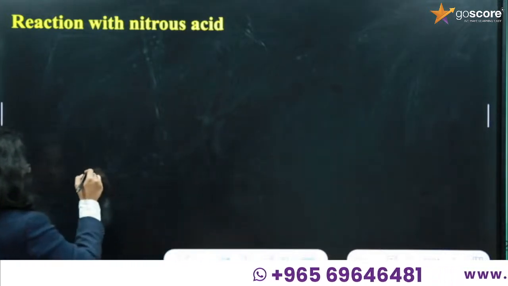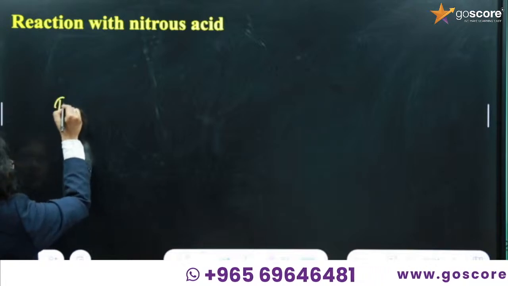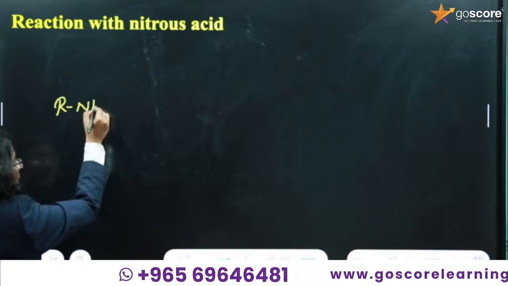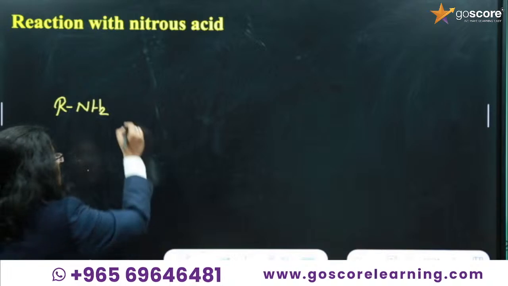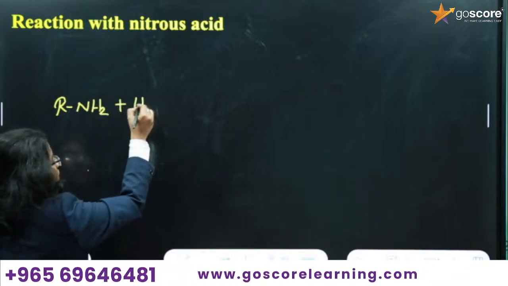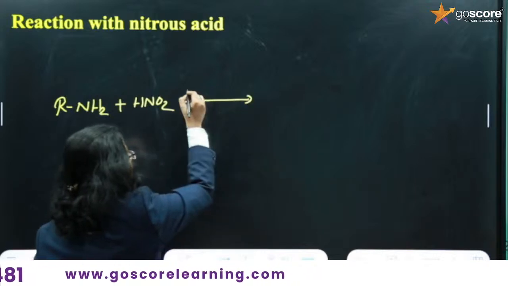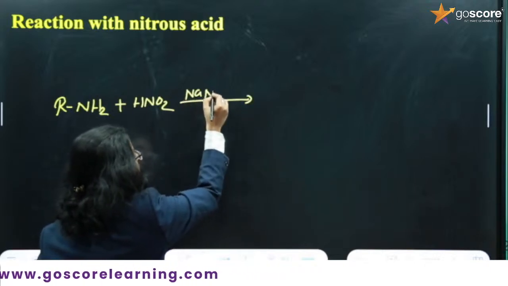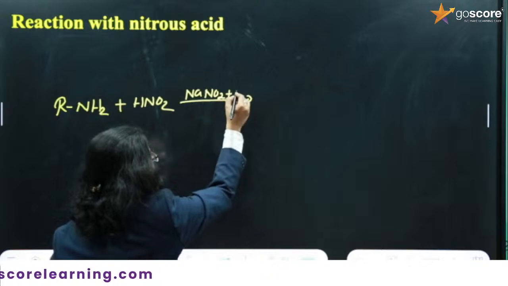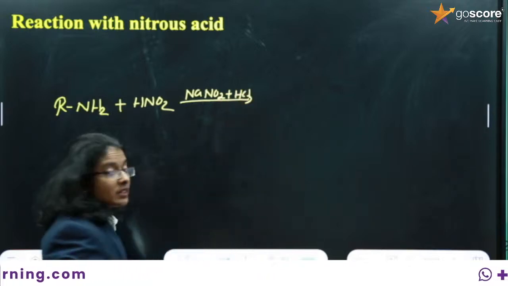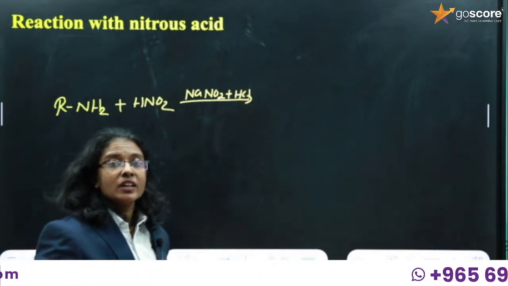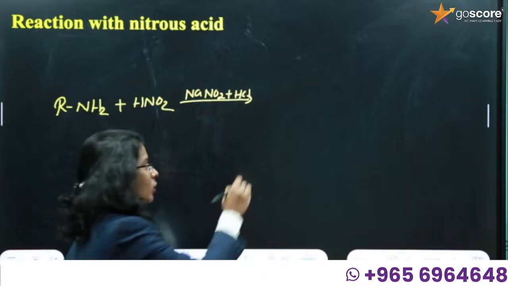See, RNH2, primary aliphatic amine, reacts with nitrous acid, NaNO2 plus HCl.